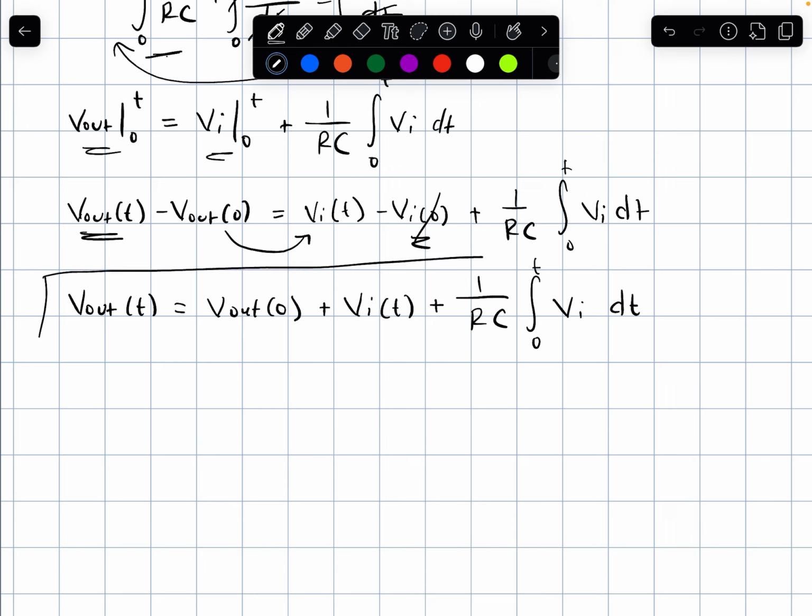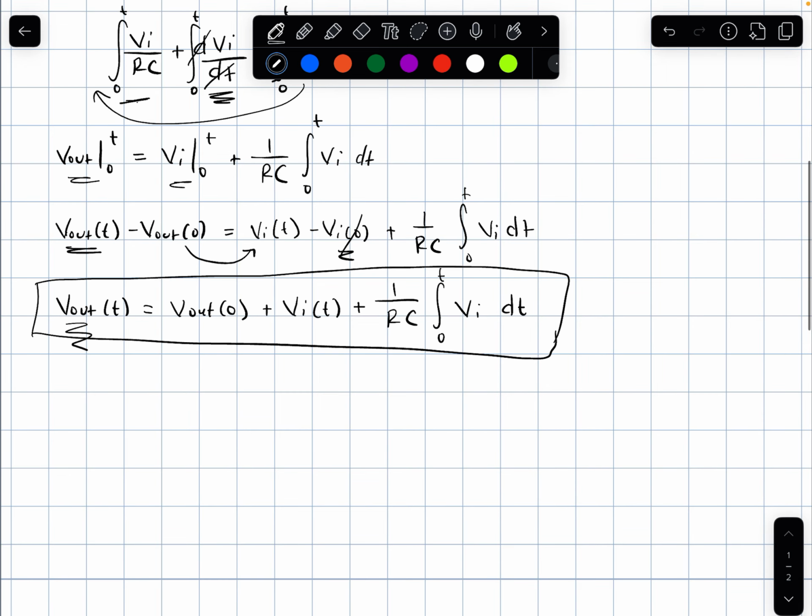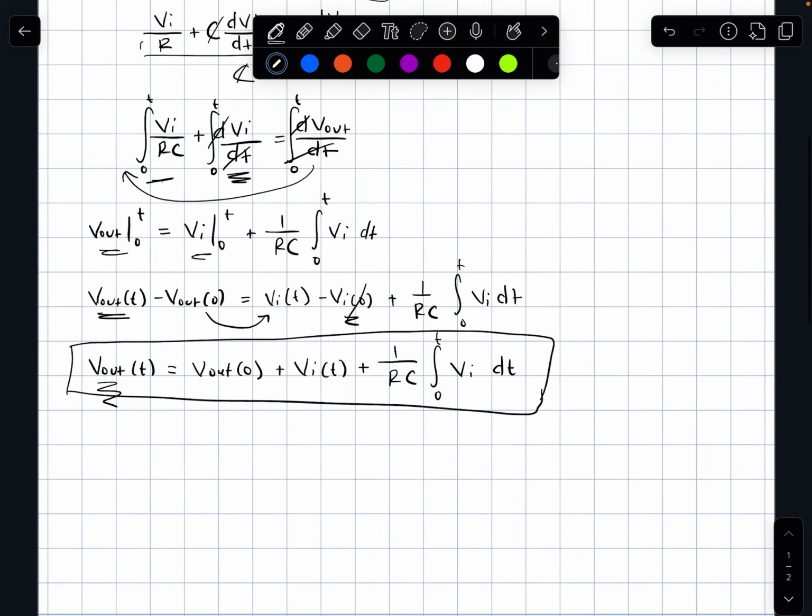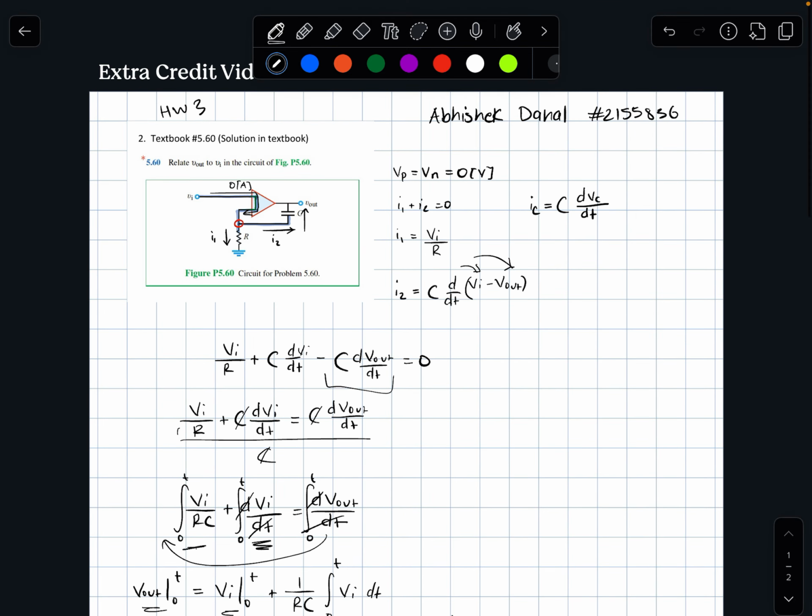And that is our equation in terms of V out. And yeah, that should be it. That's the whole steps. All right, thank you.